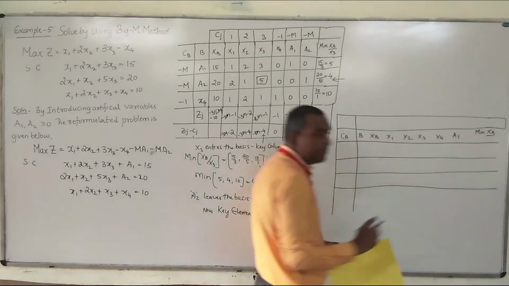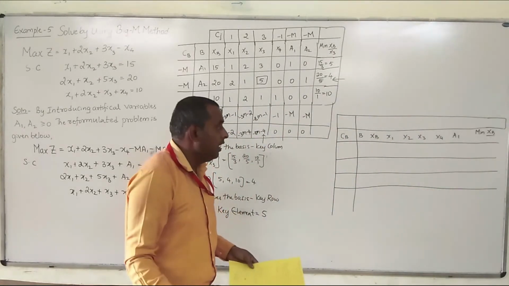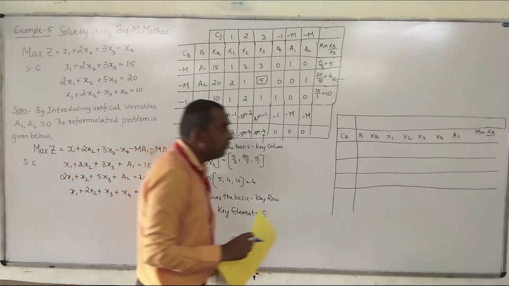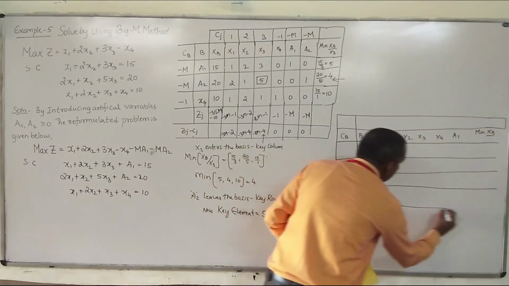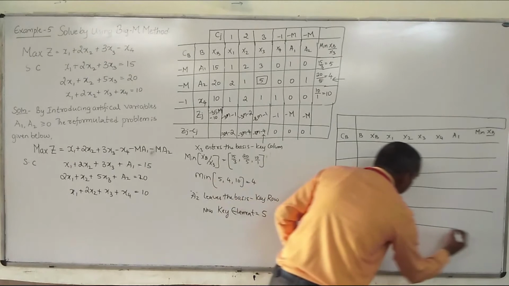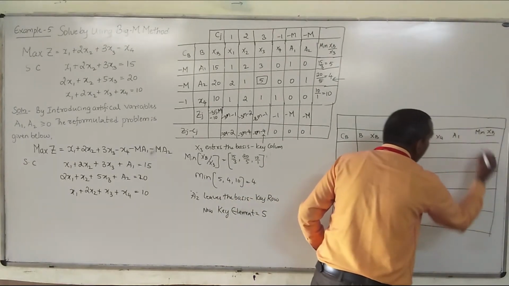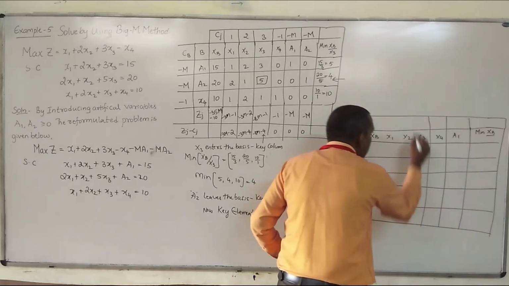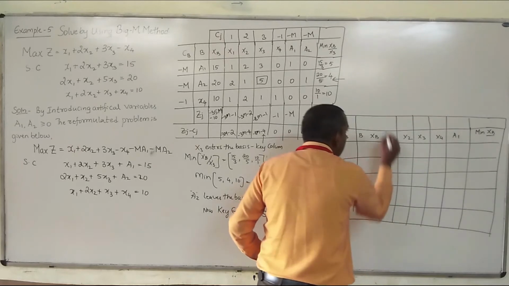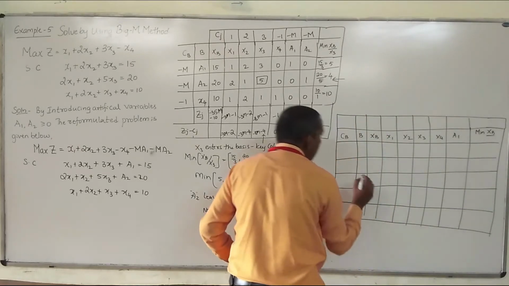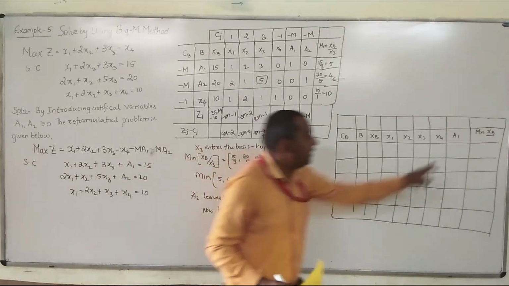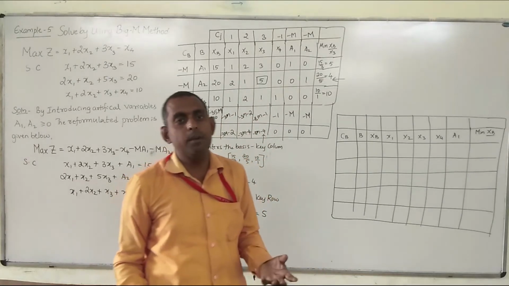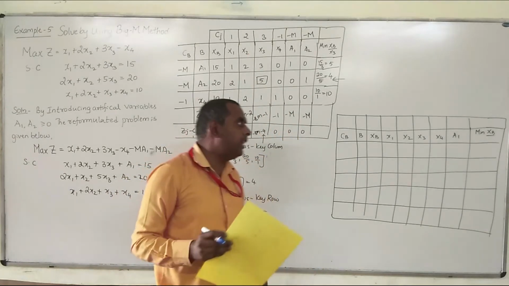Because as per the simplex table rule, if the artificial variable leaves the basis, we have to leave that complete column. I think I have told this in the previous problem also. So as artificial variable A2 leaves the basis, you have to completely leave that column.